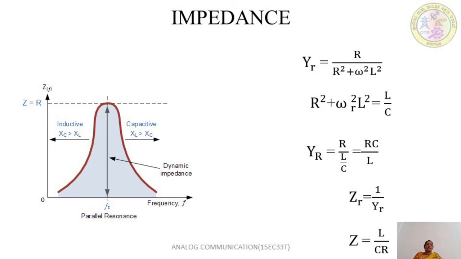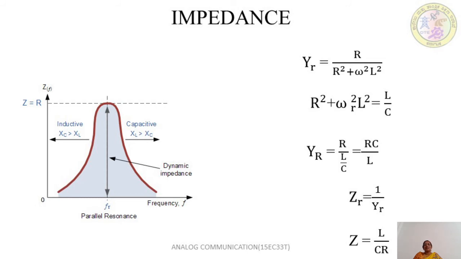Before the resonant frequency, the capacitive reactance is greater than inductive reactance. After the resonant frequency, the inductive reactance is greater than capacitive reactance. At resonant frequency, the impedance is equal to resistance. That is, the impedance Z is resistive.